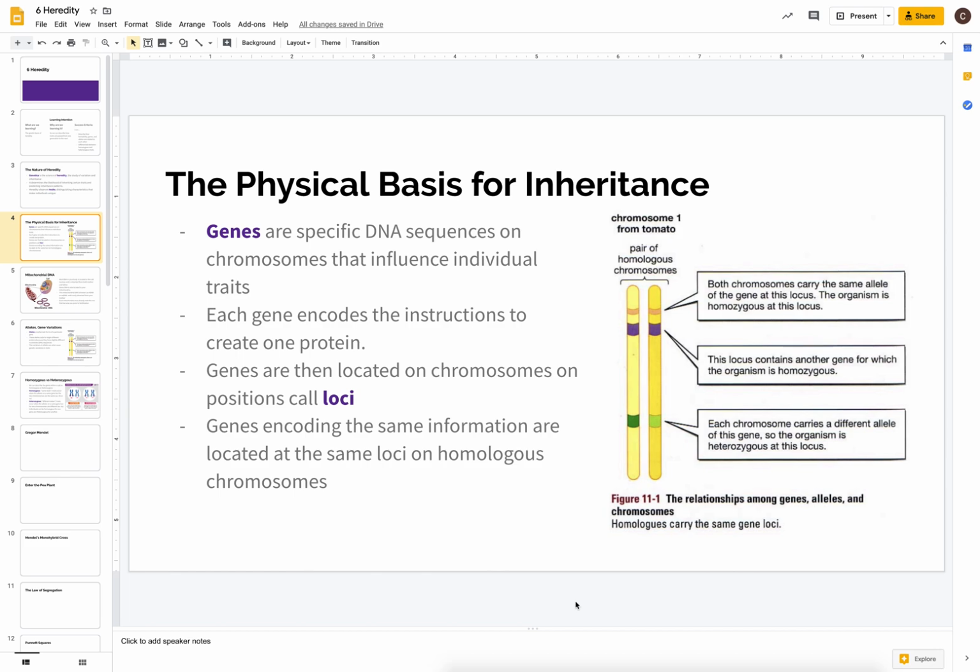So that's an important thing about genes and the way that chromosomes are built. Each homologous chromosome, so each chromosome 1 or each chromosome 2, will have the same type of information in the same location, or locus. So it's the same type of gene. So the hair color genes, the eye color genes, the height, the skin color, the lactase gene will always be located in the same location on homologous chromosomes.